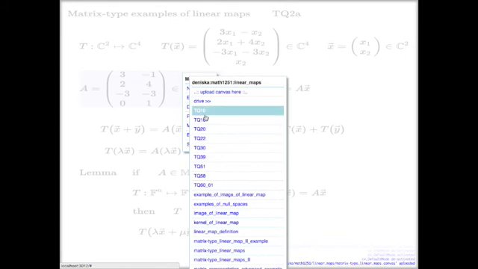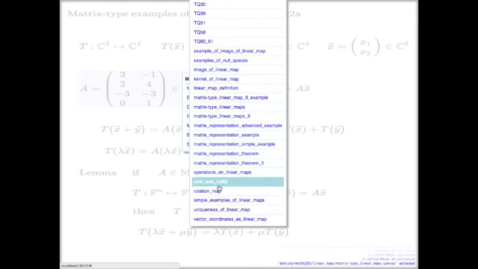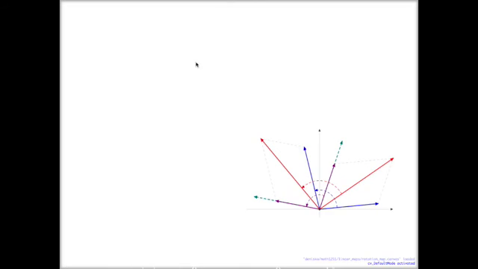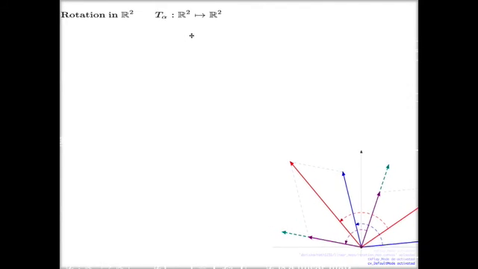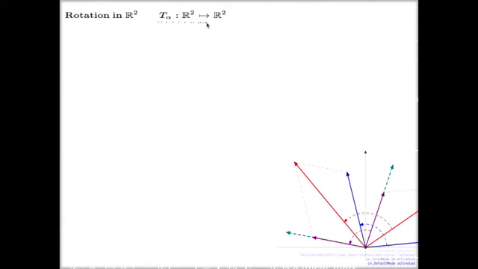Look at this. This slide is called rotation in R2. Geometrically, we think of R2 as a plane. So this map is formally presented as a geometrical description.